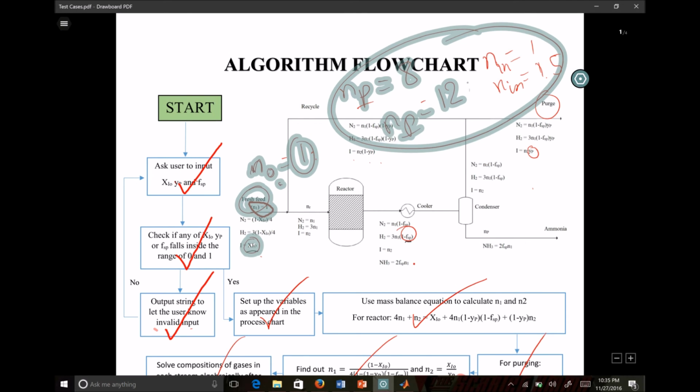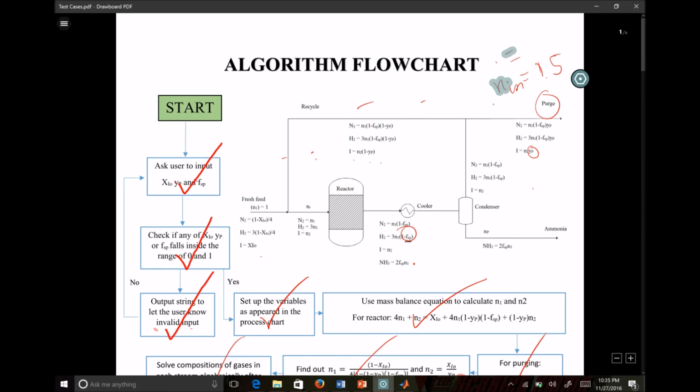There's one problem with this code: it's not really flexible when you change the number of moles of the fresh feed, which is 1 at first. If they change it to 1.5, everything is going to scale by 1.5. But if you make your own code, I suggest you write n0 equal to 1, and then you calculate everything by n0.